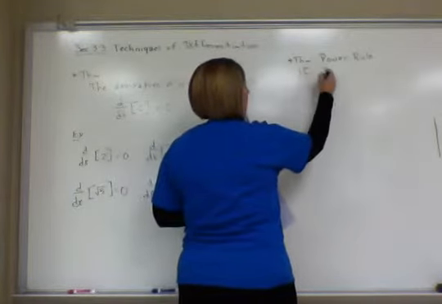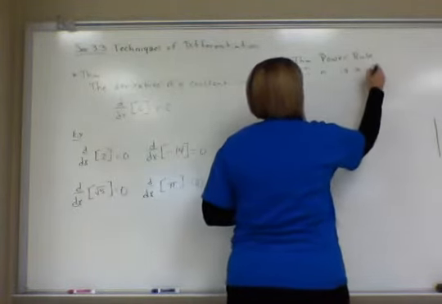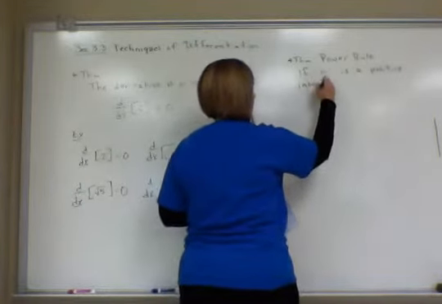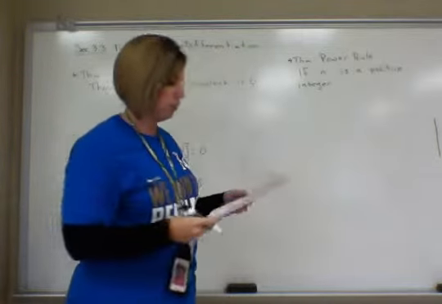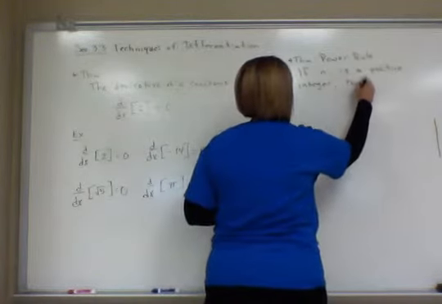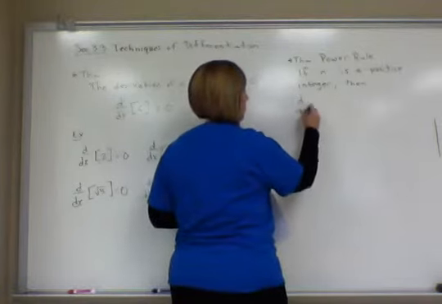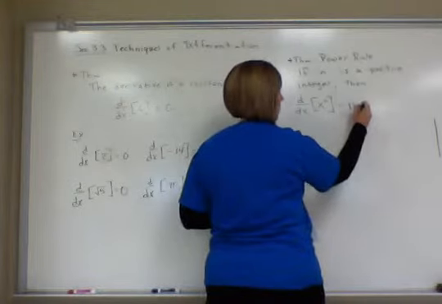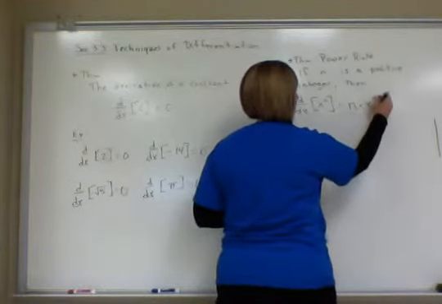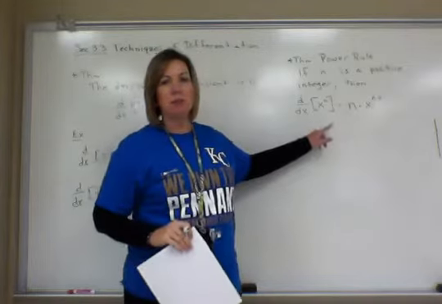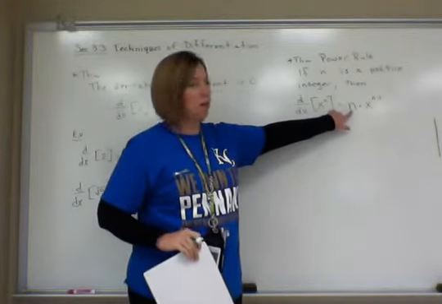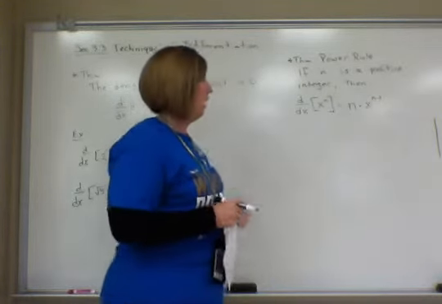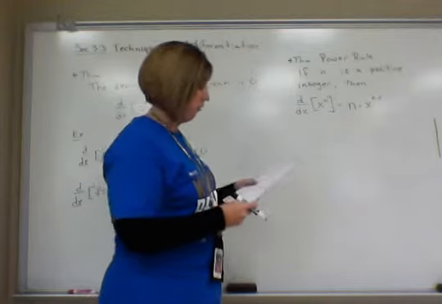It starts out saying if n is a positive integer, then d dx of x to the nth power is n times x to the n minus 1. So really what happens here with the power rule is that the exponent comes out front as a coefficient, and then you take the exponent down by 1 on the variable.